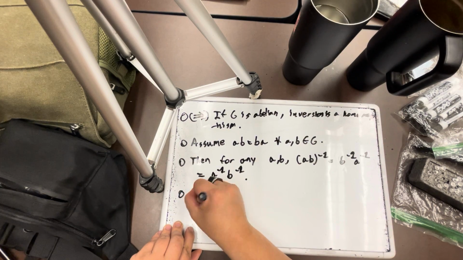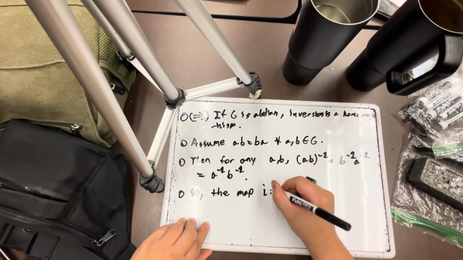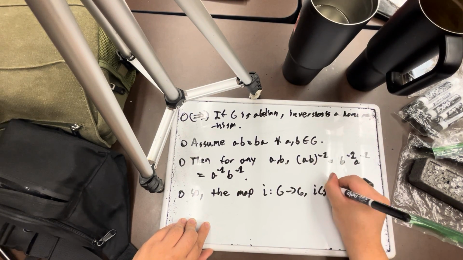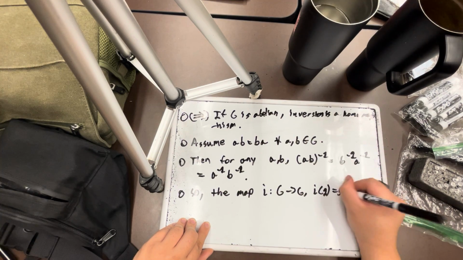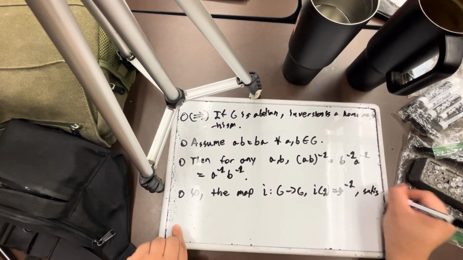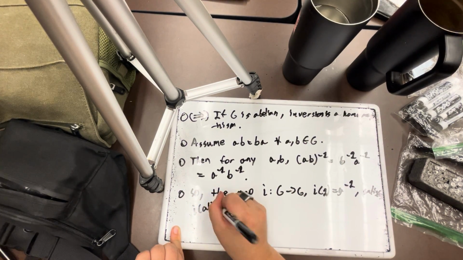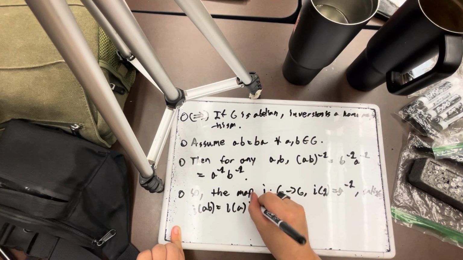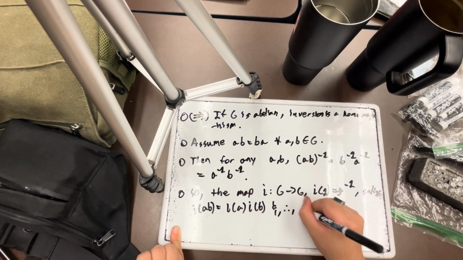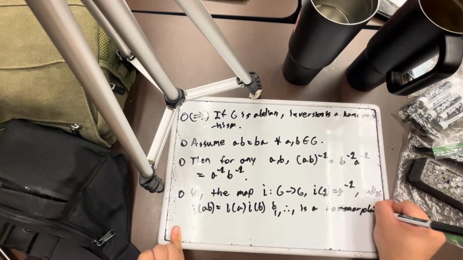So the map iota from G to G with iota of g equal to g^-1 satisfies iota of AB is equal to iota of A times iota of B, and therefore is a homomorphism. All right? Now let's look at the other way.